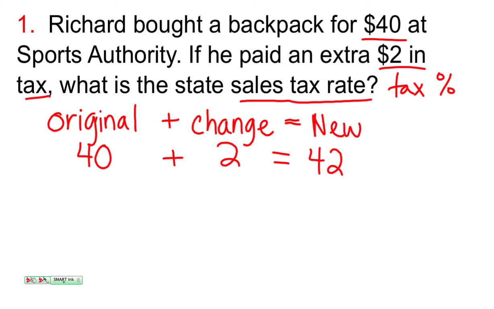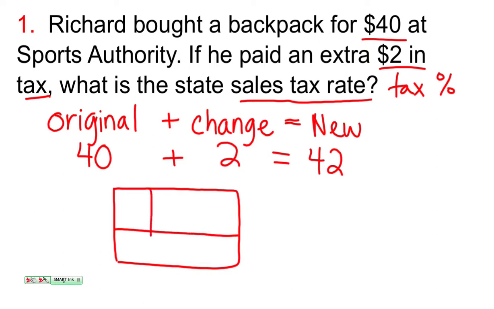Now to find the percent, we need a proportion box. So you're going to set up your proportion box. So draw your proportion box and label it with change and original.